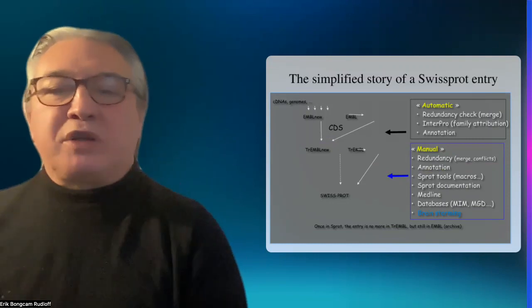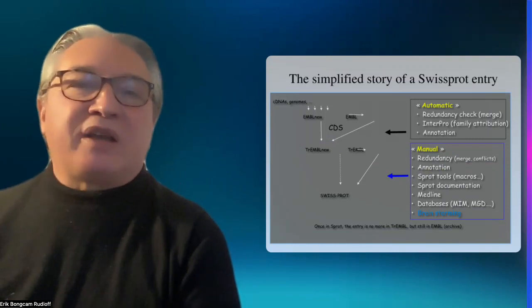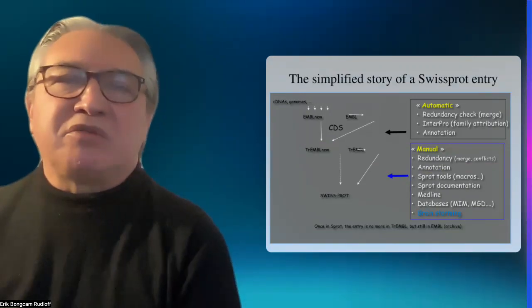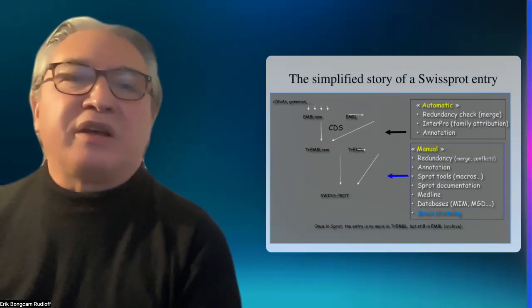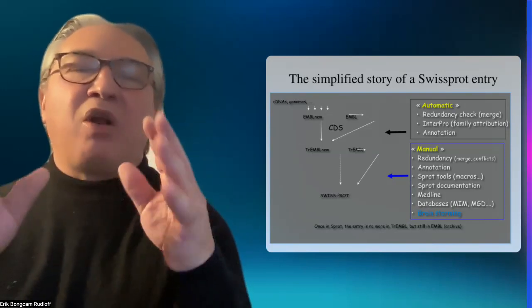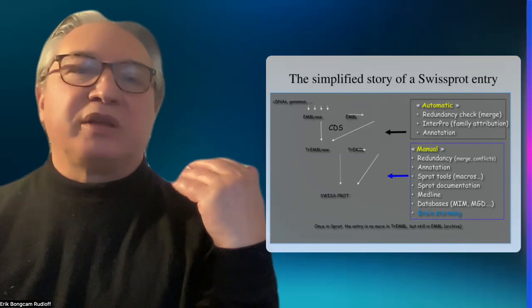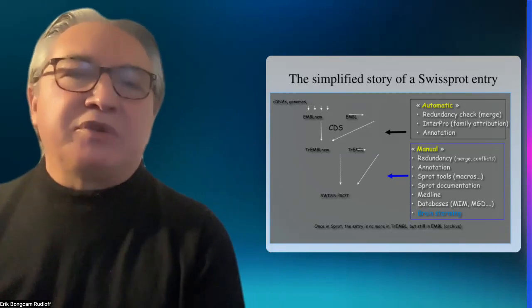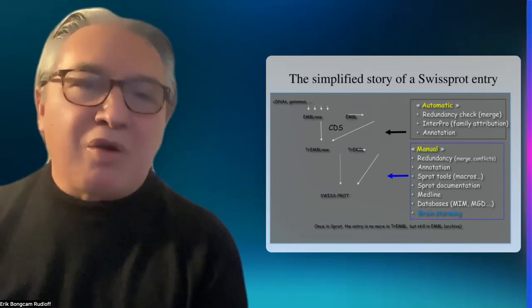Now, what is very important also, databases are alive. They're not dead. The only one that is really kind of rigid is the ENA and GenBank, because everything that enters there almost never gets out, even if they discover an error. I know of many sequences that were wrong.